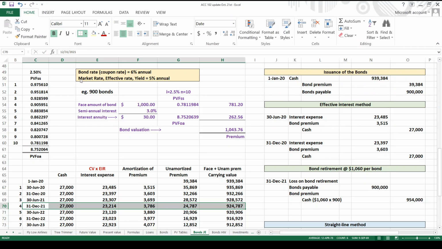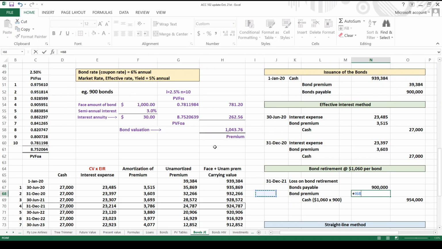And of course, I'm assuming that all of the semi-annual interest payments and amortizations have taken place properly. So that has to go, the 24,787 must go. Debit the account, yeah.